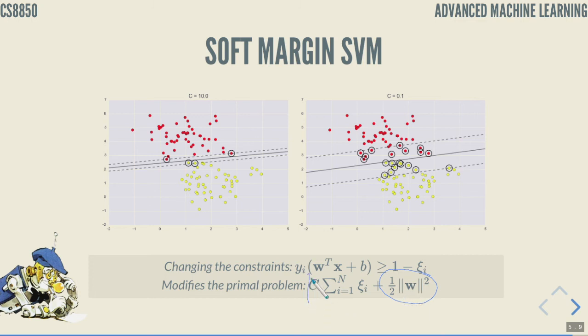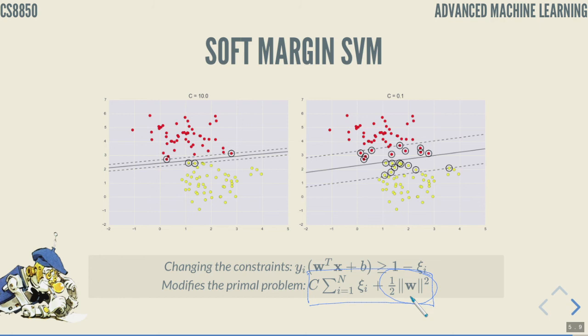But now we need to maximize this whole expression. This is the weight of the slack variables, and the sum is larger the more mistakes we have. If we don't have any mistakes, this goes to zero, and then we're back at the original hard margin primal formulation. When do we have no mistakes? When the data is linearly separable.